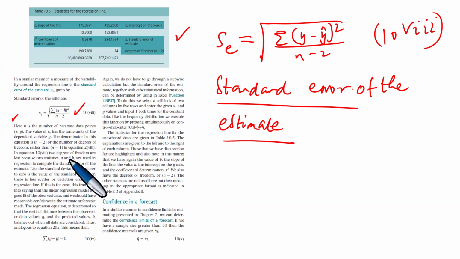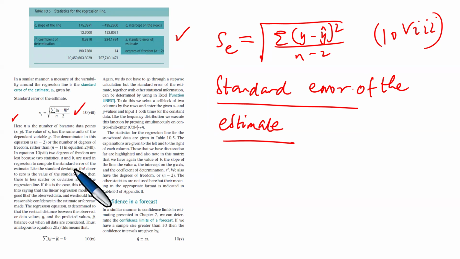Two degrees of freedom are lost because two statistics, A and B, are used in regression to compute the standard error of the estimate. Like in the standard deviation, the closer to 0 the value of the standard error, the less scatter or deviation around the regression line.